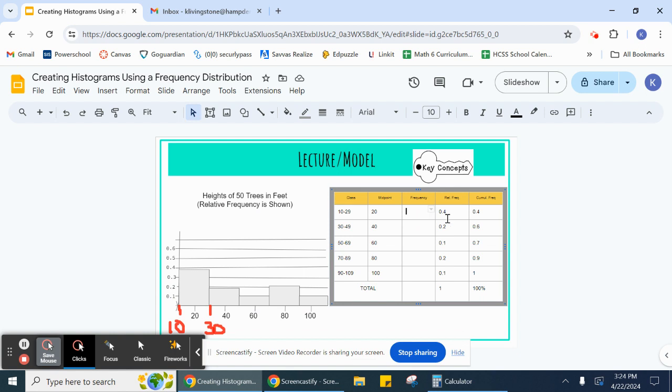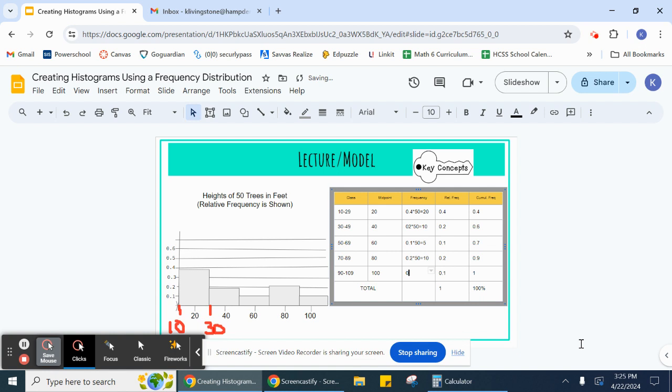Now to get our frequency, we know that there are 50 values. 40% of 50 values is 20. 20% of 50 values is 10. 10% of 50 values is 5. 20% of 50 values is 10.